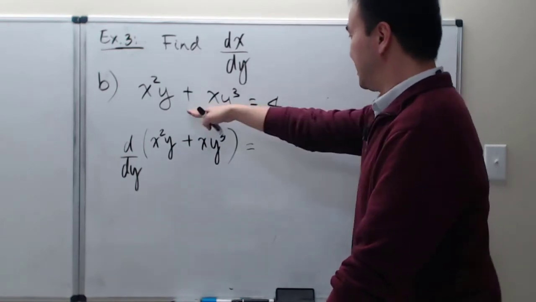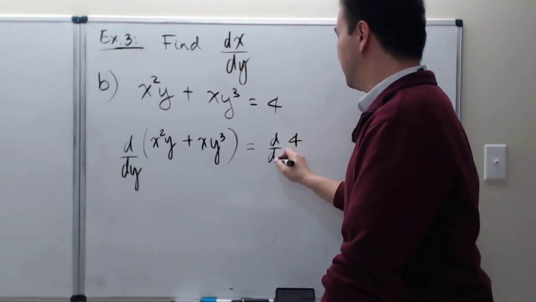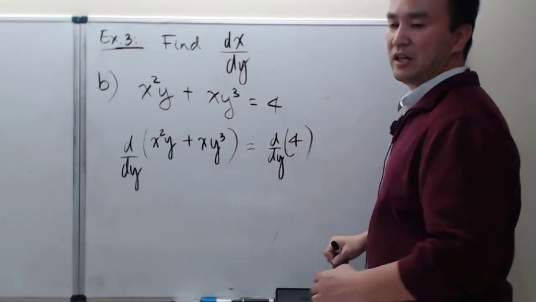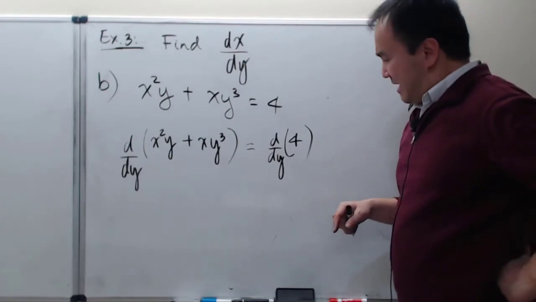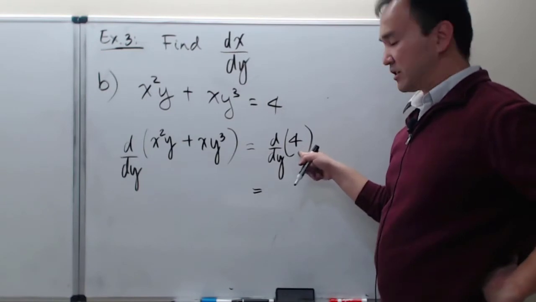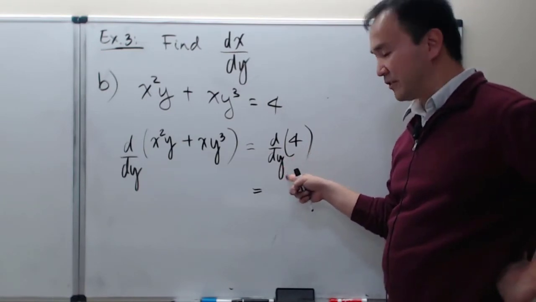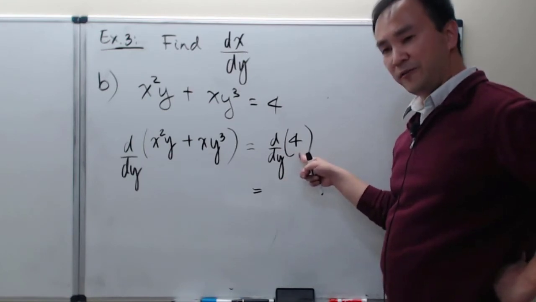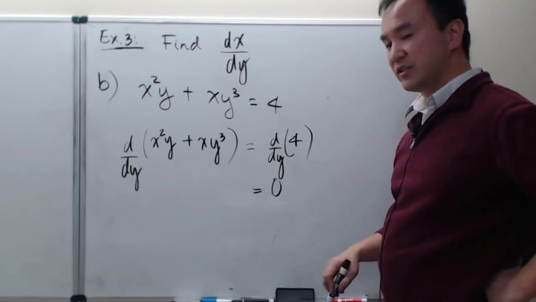These two sides are equal, so taking the derivative, their two derivatives will be equal as well. Once again, working on the easier side, the constant is easy regardless of whatever variable you're finding. Your function is a constant, and so taking the derivative must give you a 0.